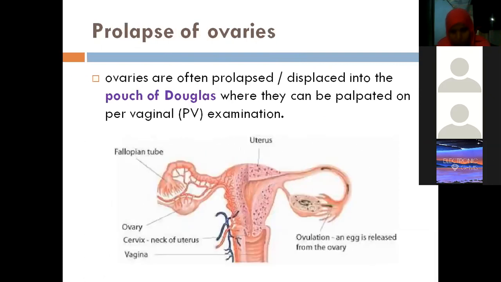If you look at this picture, you find some developing follicles which you studied in your intermediate also: primordial follicle, primary follicle, Graafian follicle, and we know the Graafian follicle ruptures to release the ovum. In some cases the Graafian follicle does not rupture, and the ovum gets entrapped during each month of the menstrual cycle.